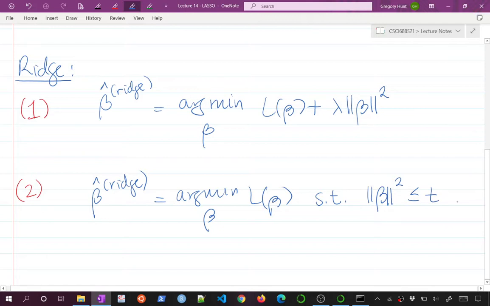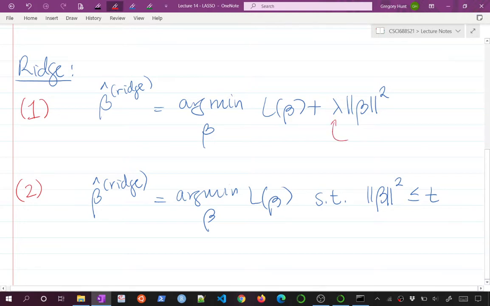We call it t. So again, this is equivalently constraining our possible values of beta, and keeping those betas from running off into some kind of wild area.